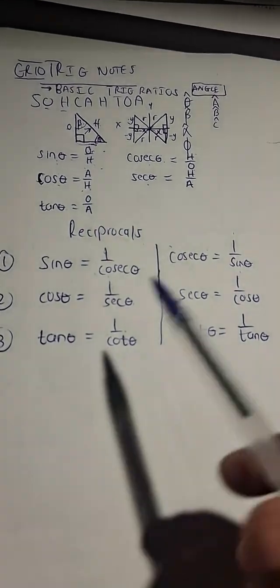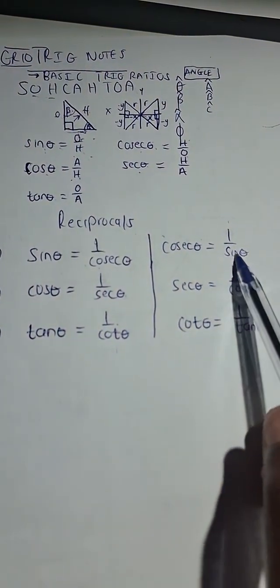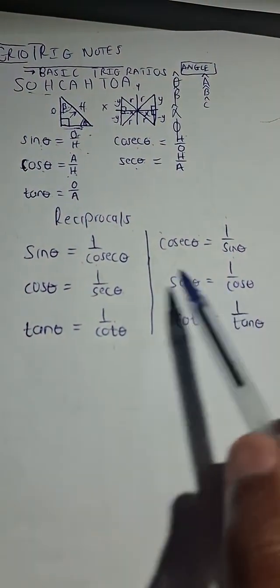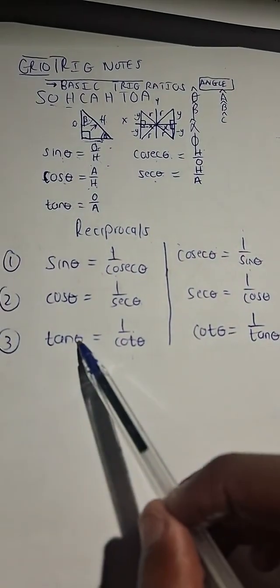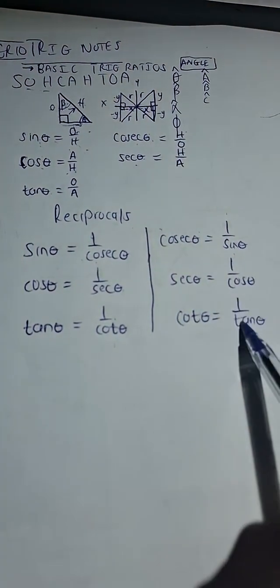And you will see what I mean by this. Cos is 1 over sec, or sec theta can be expressed as 1 over cos theta, because these are reciprocals. Tan theta is 1 over cot, or in other words, cot theta can be expressed as 1 over tan.